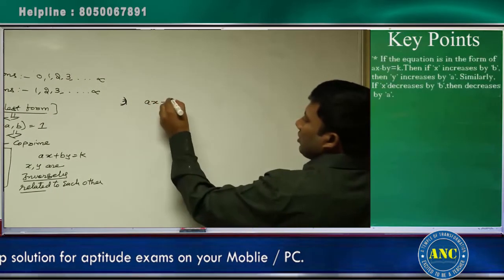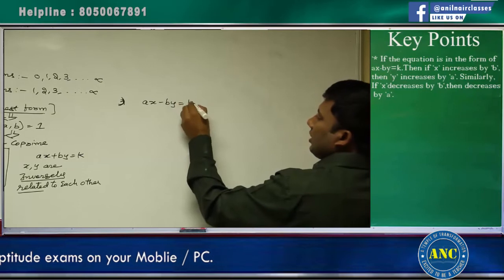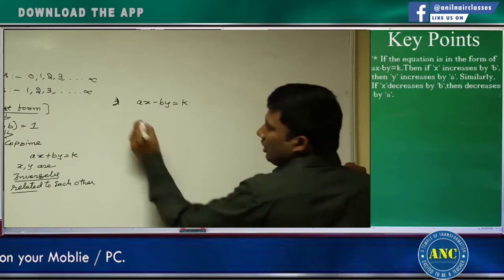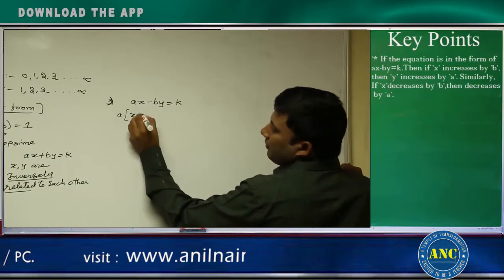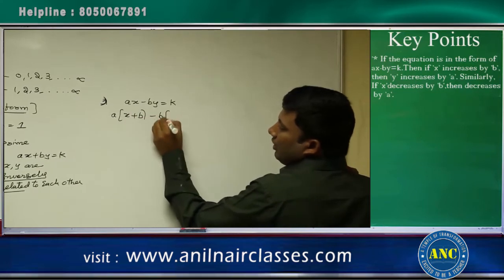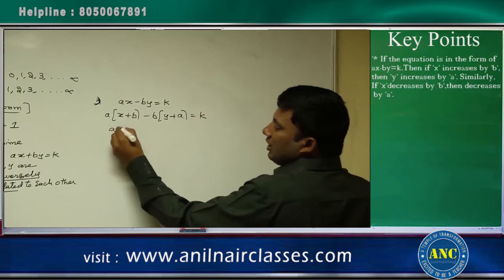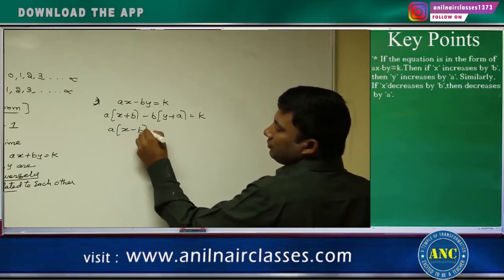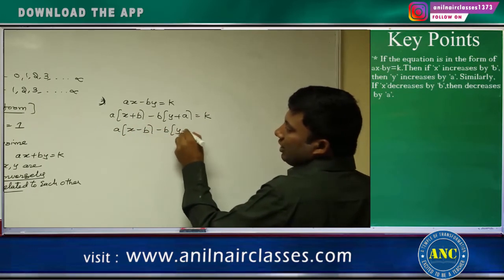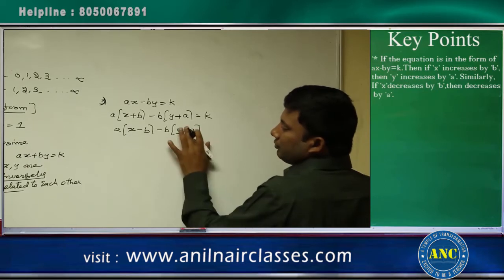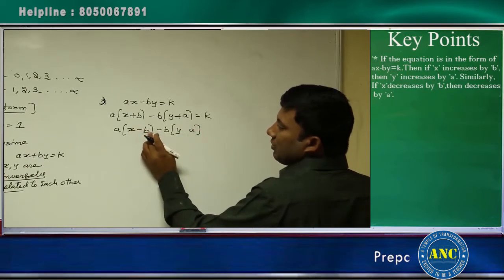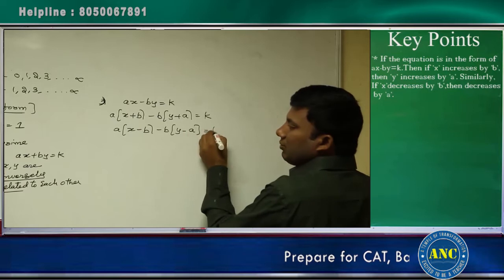If the equation is of the form ax minus by equivalent to k, if x increases by b, y will increase by a. If x decreases by b, y will decrease by a. Am I right?